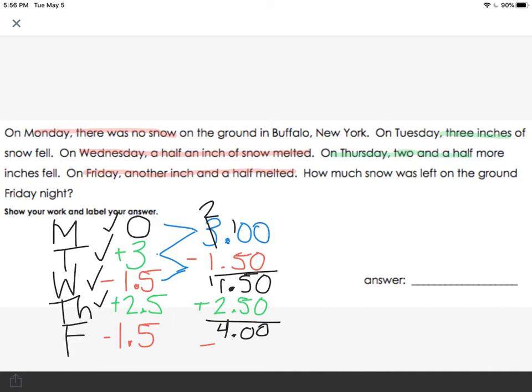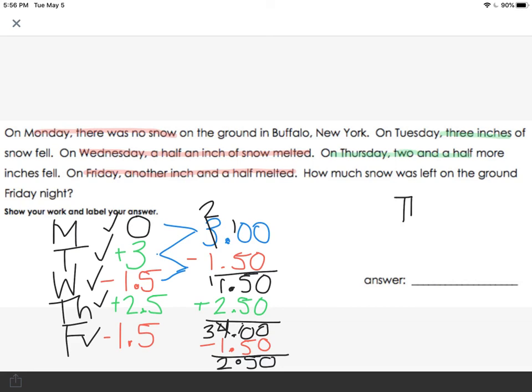Friday, we lost 1.5 inches. So 1.50. So 0 minus 0 is 0. I can't do 0 minus 5, so I need to borrow. 10 minus 5 is 5. Drop my decimal. And then 3 minus 1 is 2. So after the day on Friday losing 1.5 inches, Friday night they were left with 2.5 inches.